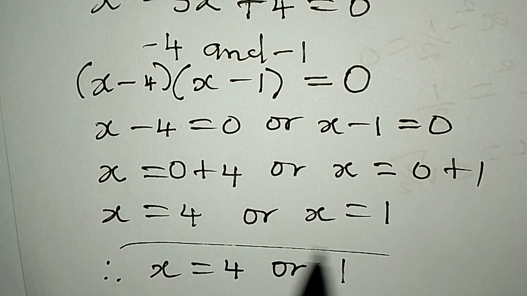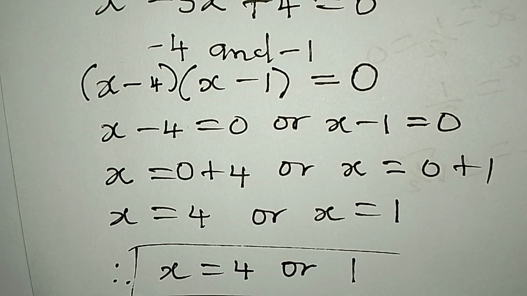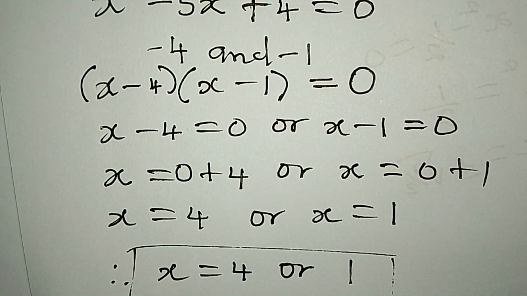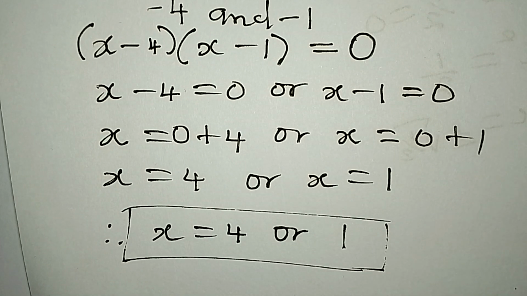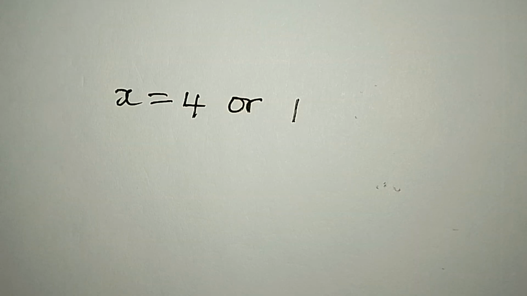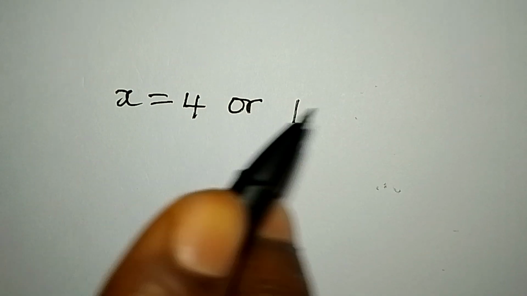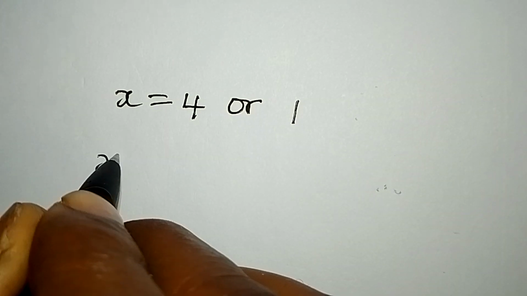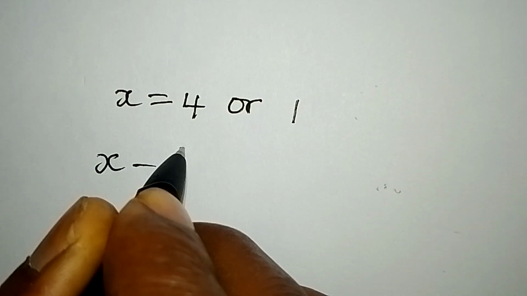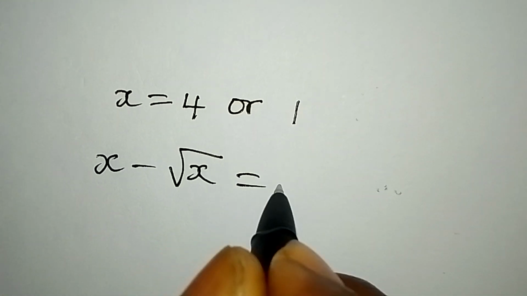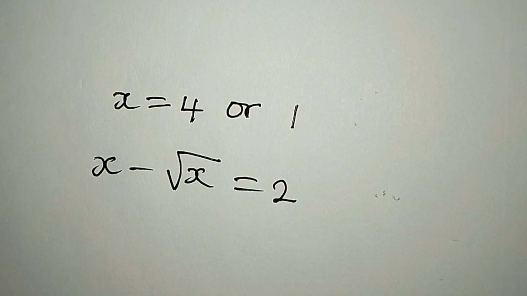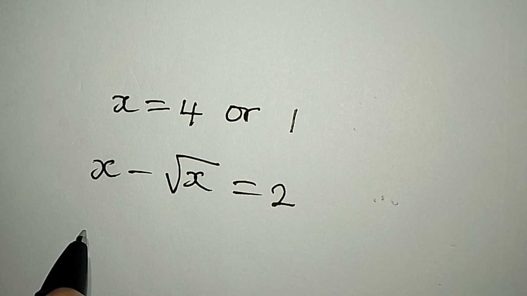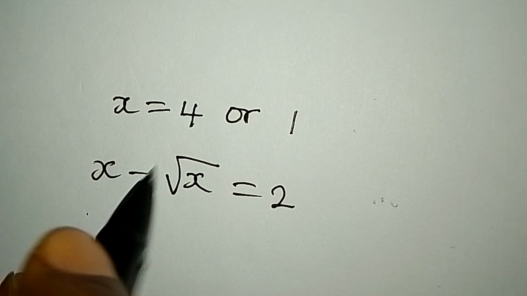Now we are going to put these values of x into the equation and see if they satisfy it. So we have x to be 4 or 1, and the original equation is x minus square root of x equals 2. Let me put in 4 first.